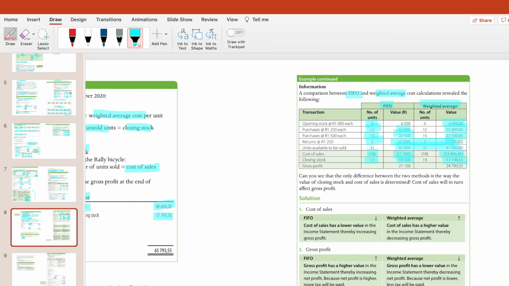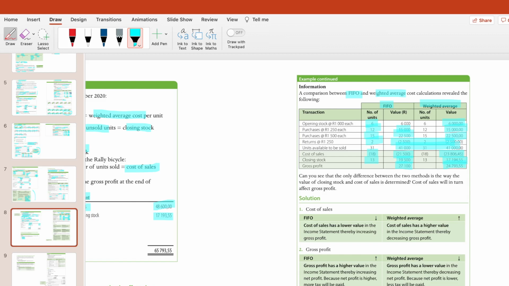Gross profit is 27,100, and in weighted average 24,793 rand and 55 cents. So you can absolutely see there's a difference between the two methods, and the difference is in the value of the closing stock and the cost of sales.